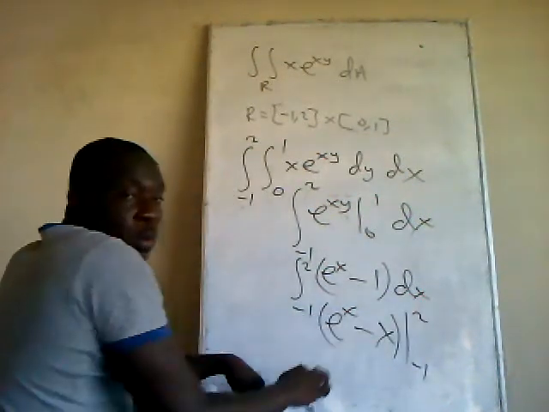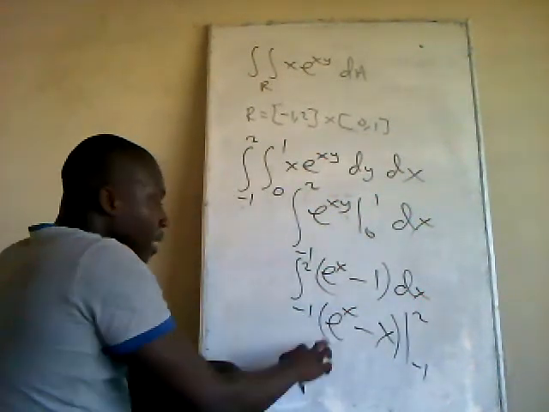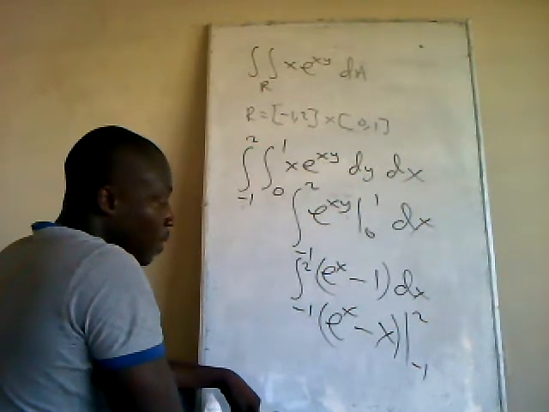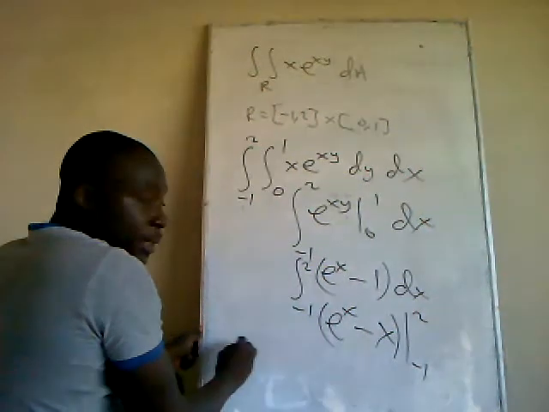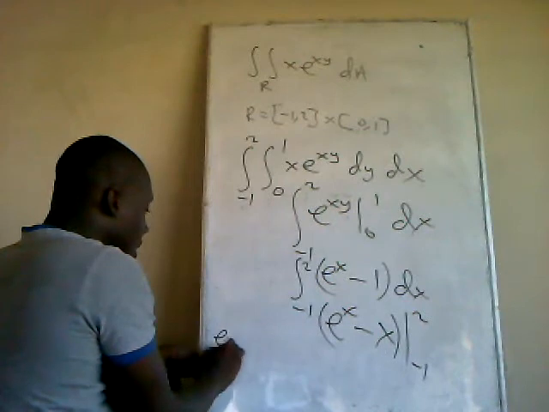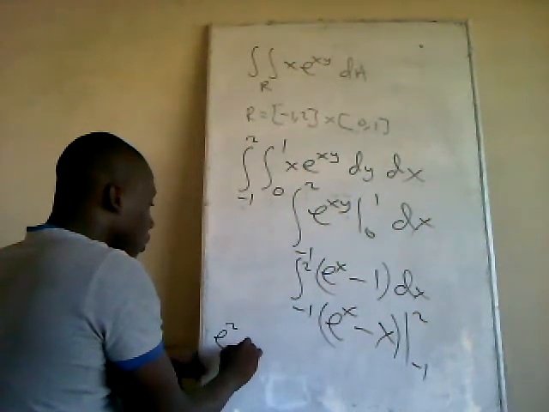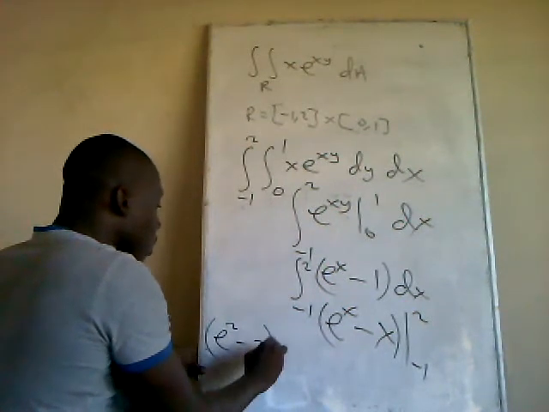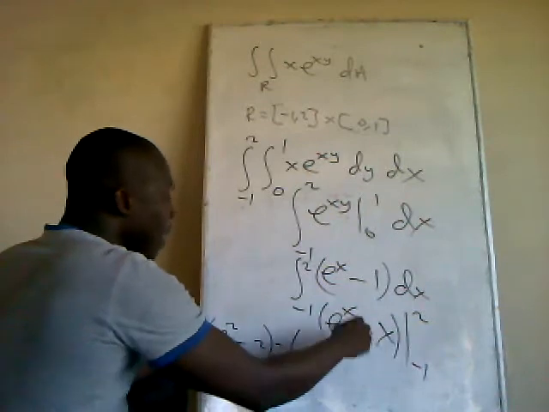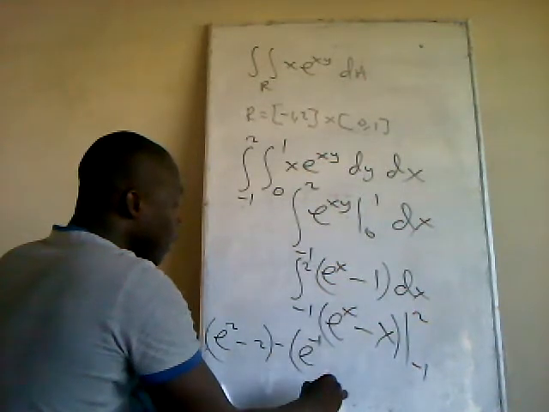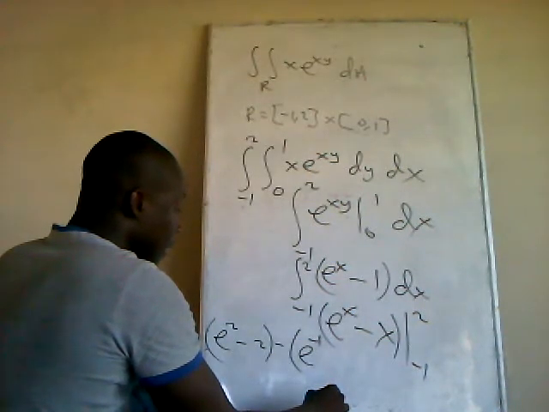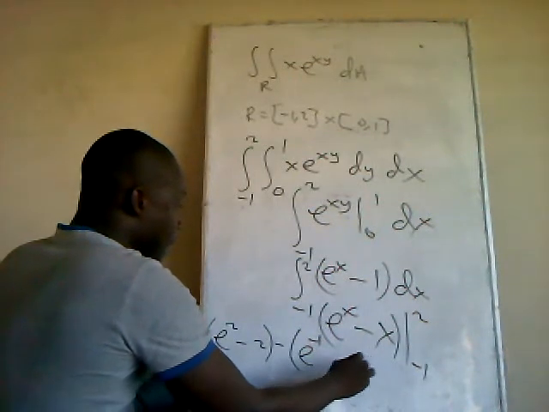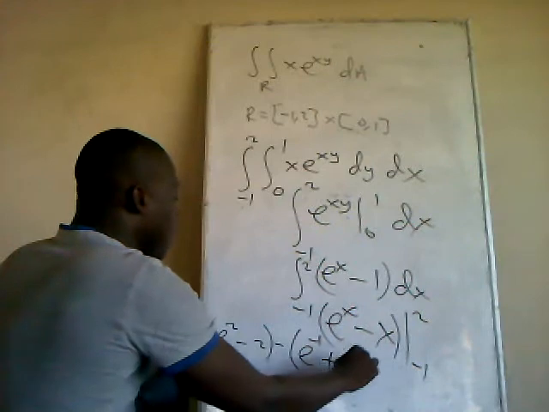So I put 2 in place of x and I get e^2 minus 2, minus, when I put minus 1, I get e^(-1) plus 1.